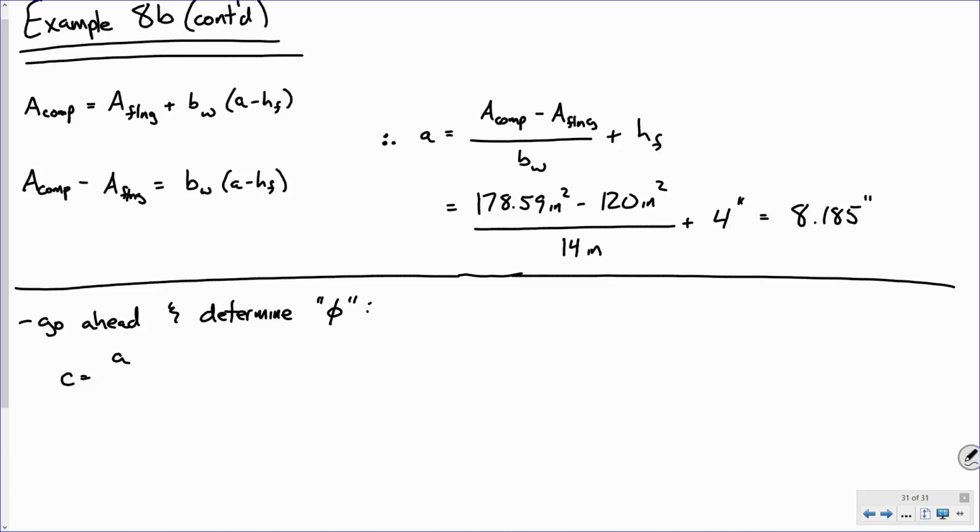I take a over beta 1. A is 8.185 inches over 0.85, and that's 9.629. I mean, are you all right with this?